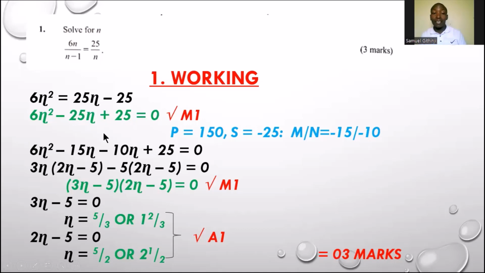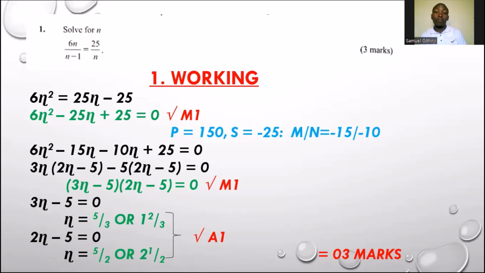So what is that? We are looking for two integers such that the product is 150 and the sum is negative 25. Since the product is positive, the two integers are either both negative or both positive.